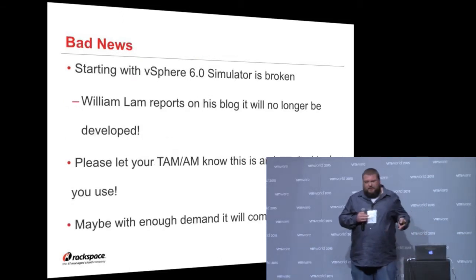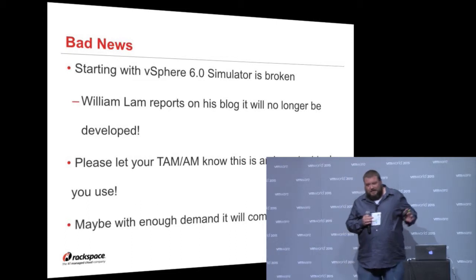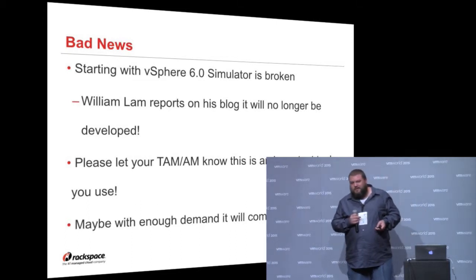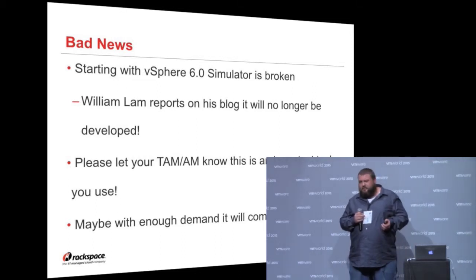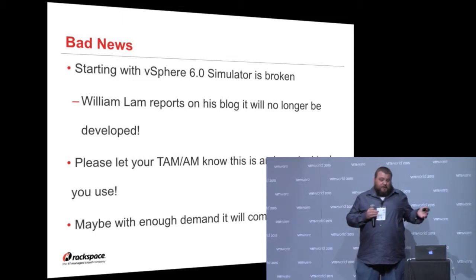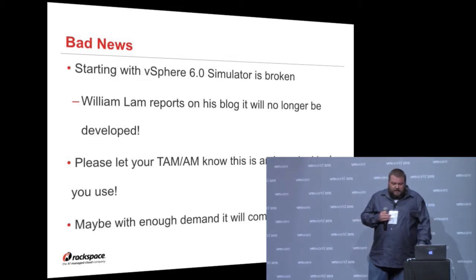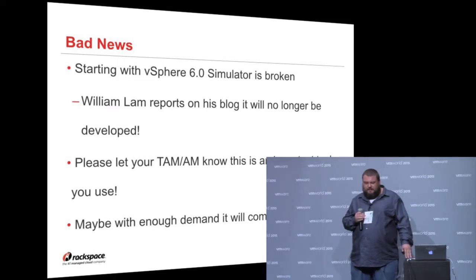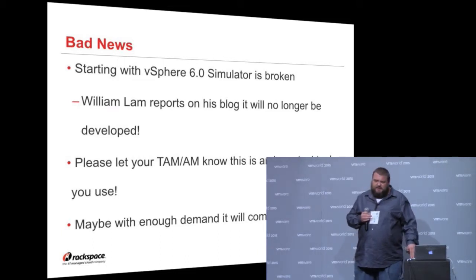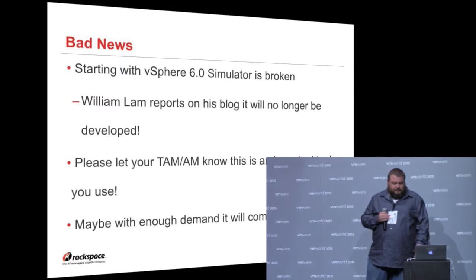And so we've got some bad news with that though, because it's broken now in 6.0. I reported this bug back in the beta testing of vCenter 6.0, and it's broken, unfortunately. So you can't use it anymore on 6, but you can still use it on 5. So I strongly suggest using it on 5.5.